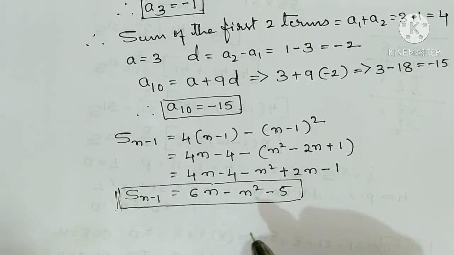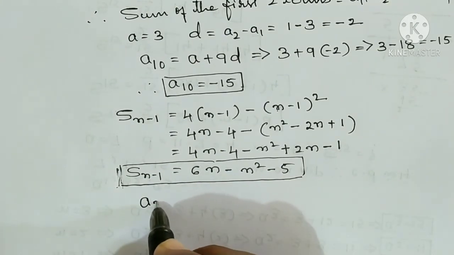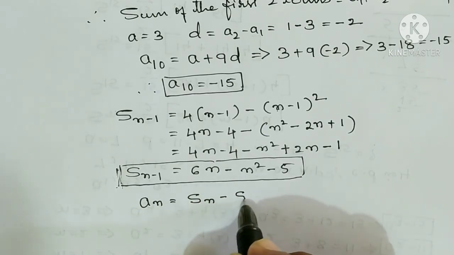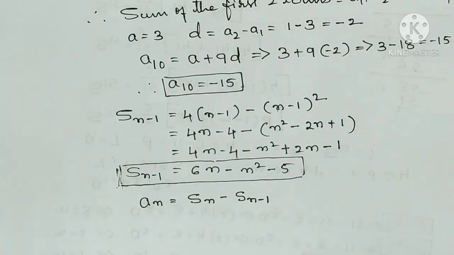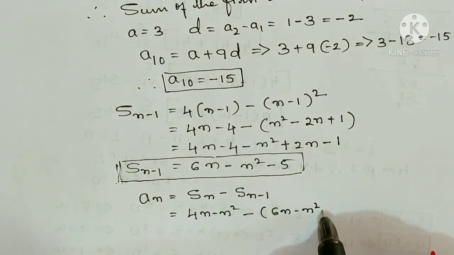Okay. Then An is equal to Sn minus Sn minus 1. Use this formula. Then Sn, what is given there? 4n minus n square minus Sn minus 1, that we got as 6n minus n square minus 5.